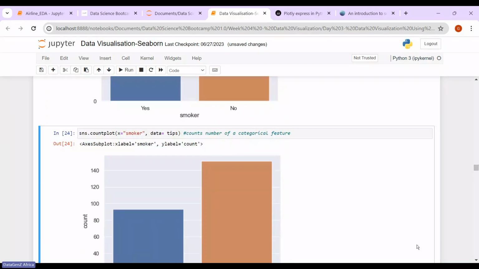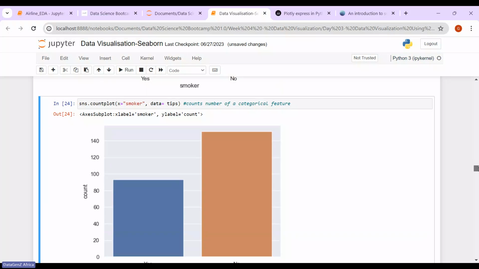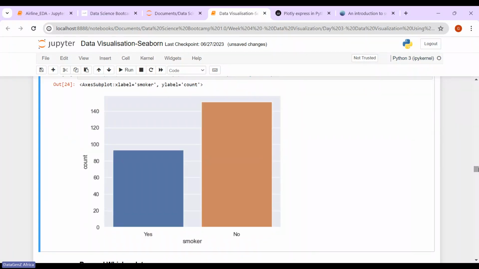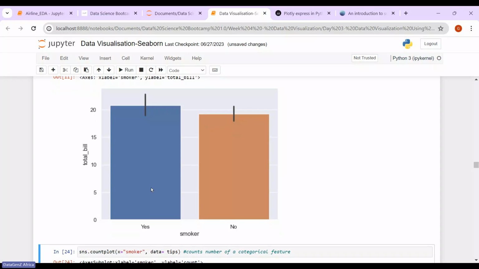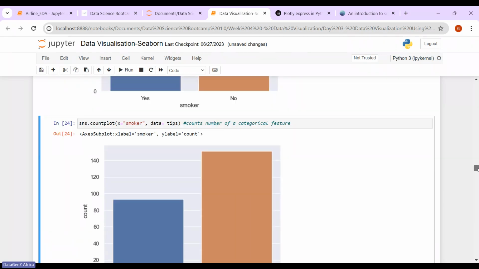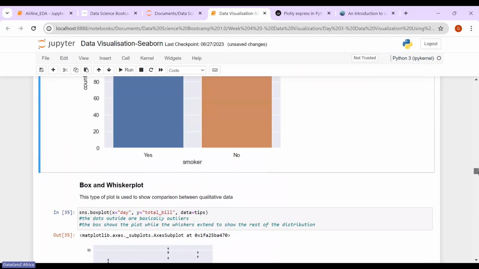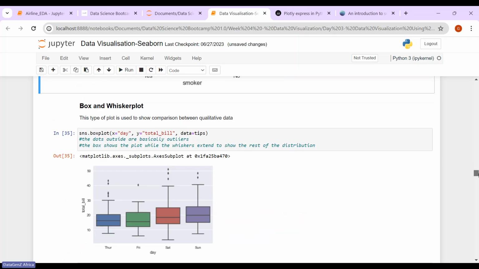You want to know how many smokers compared to how many people do not smoke. So here, with the count plot, you can see that we have more people that do not smoke compared to people that smoke. But here, I'm not saying that those people that don't smoke spend more money on food. You can see that this is giving us some insights about that particular table.